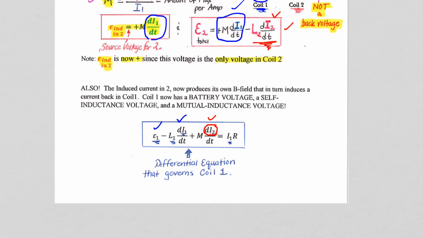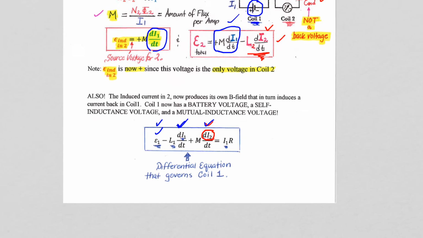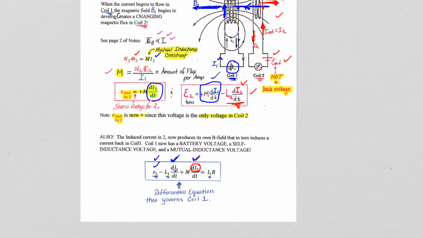So, source, primary effect, secondary effect for the blue coil, our primary coil. For the second coil, our secondary coil, we don't have a source, so the primary effect is the time rate of change of the current in 1 making the B field that coil 2 sees, and the secondary effect is the self-inductance in coil 2 itself.